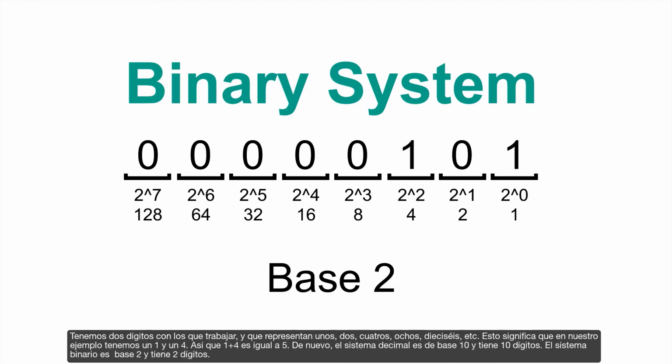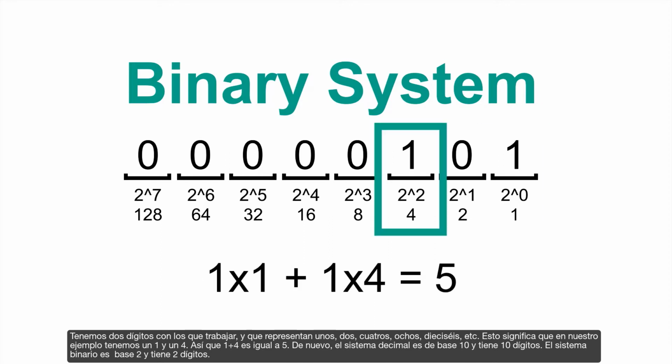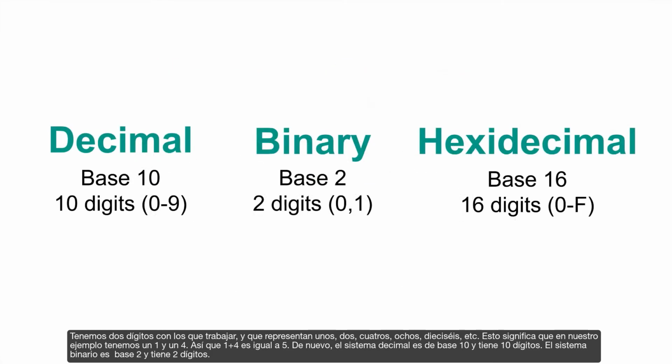We have 2 digits to work with, and they represent 1s, 2s, 4s, 8s, 16s, and so on. So this means in our example that we have a 1 and a 4. So 1 plus 4 equals 5. Again, the decimal system is base 10 and it has 10 digits. The binary system is base 2 and it has 2 digits.